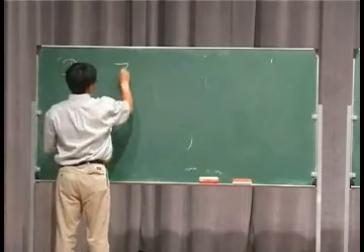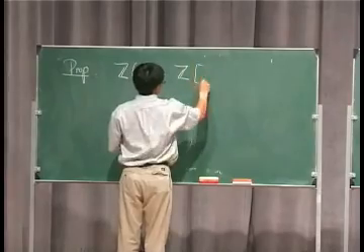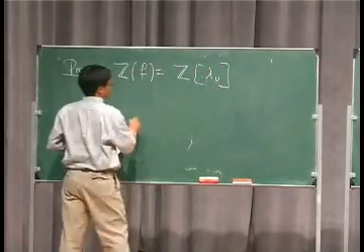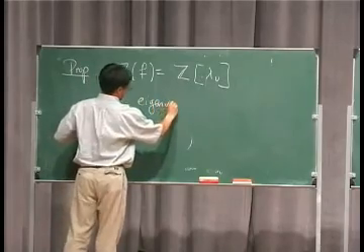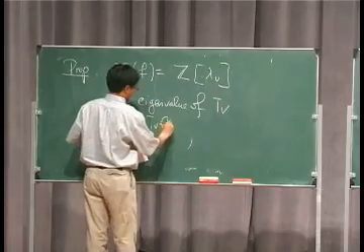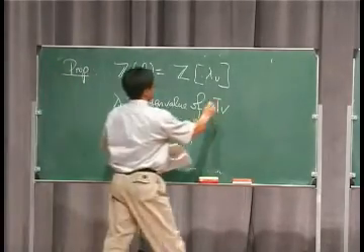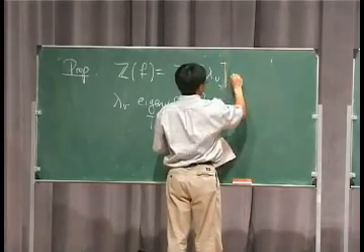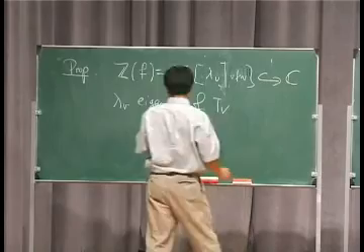So we define Z of F to be the ring generated by all these lambda_v. I'm sorry, I didn't define lambda_v. Lambda_v is the eigenvalue of the Hecke operator, so T_v of F is lambda_v F. The ring generated by these is a complex number, so this is a subring of the complex numbers.